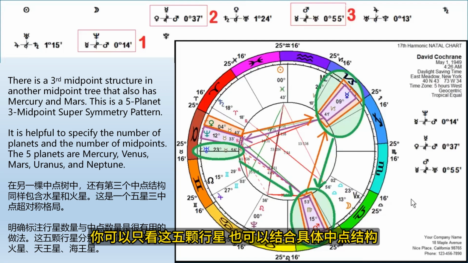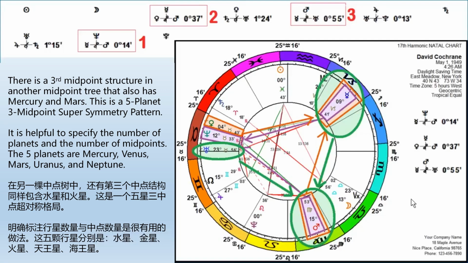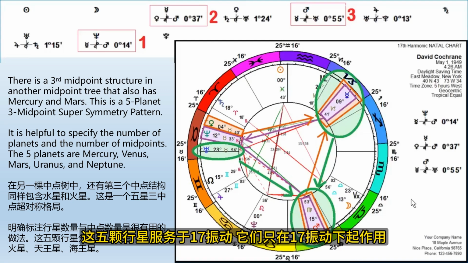You can just take the 5 planets. You can think about the specific midpoint structures, but essentially we're talking about a Mercury, Venus, Mars, Uranus, Neptune, 17 vibe. What feeling do you get about that? Those 5 planets serving 17 vibe, as we often say, they only are doing 17 vibe.